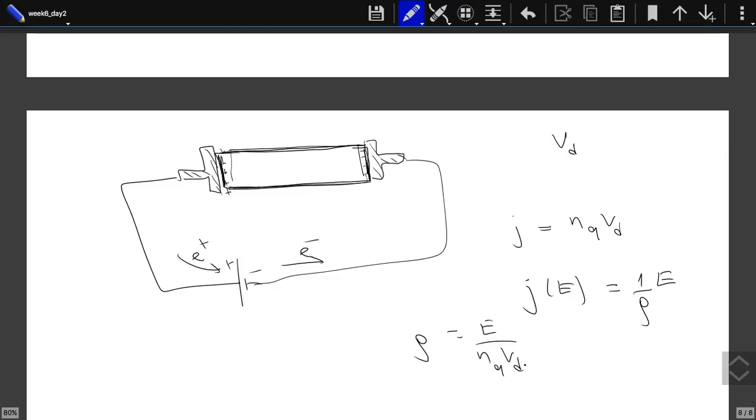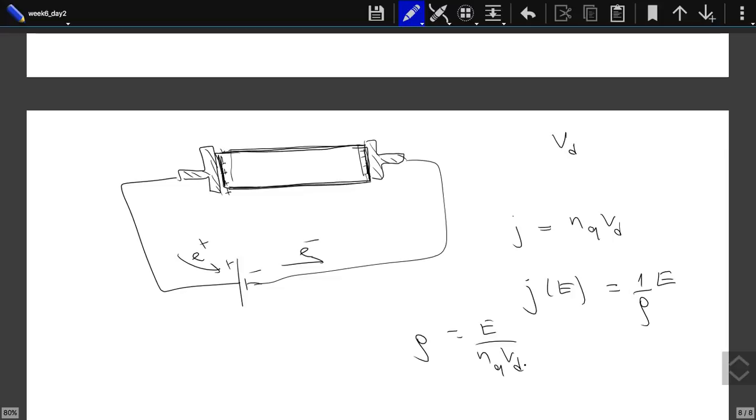What it will do is, the battery gives away a given number of electrons. At the moment that the electron reaches over here, it will just go to the other side. There is no accumulation of charges at the end of my resistors. Since there is no accumulation of charges at the ends of my resistance, there is no potential difference across them.